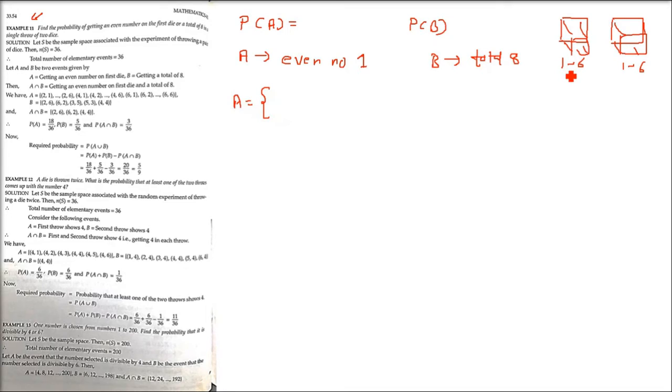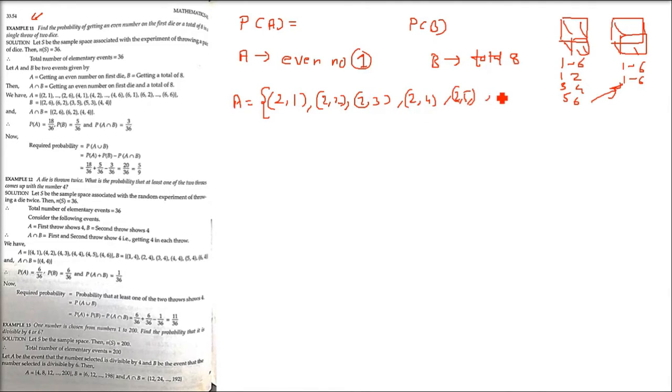So what are the elementary events? We won't take 1 or 3 or 5, because the first can only contain 2, 4 and 6. The other can contain any number from 1 to 6. So 2 1, 2 2, 2 3, up to 2 6, that is the 2 and 1 to 6 combination.